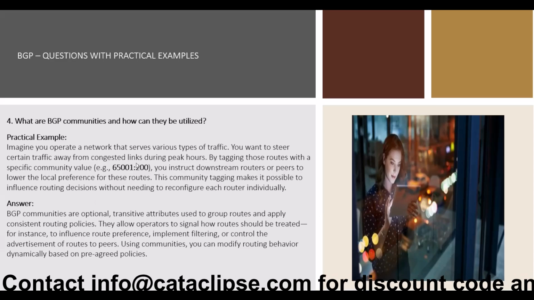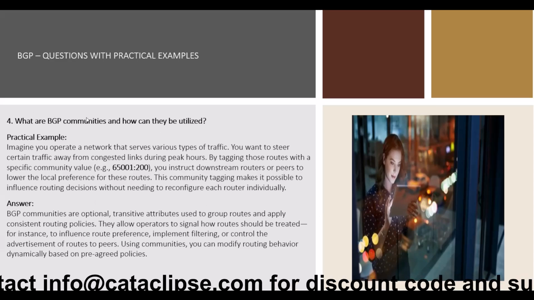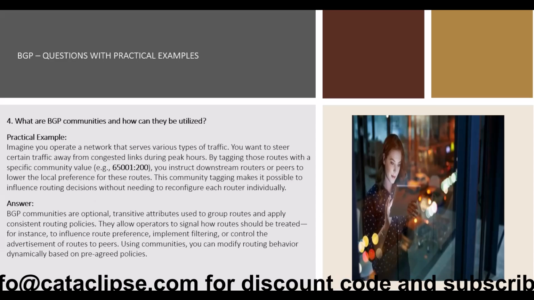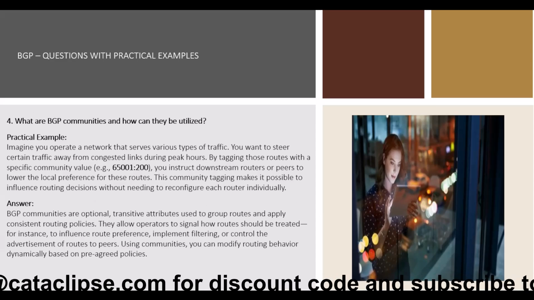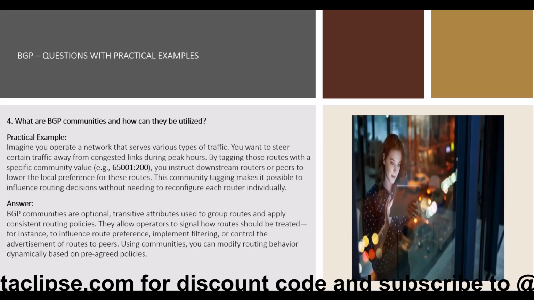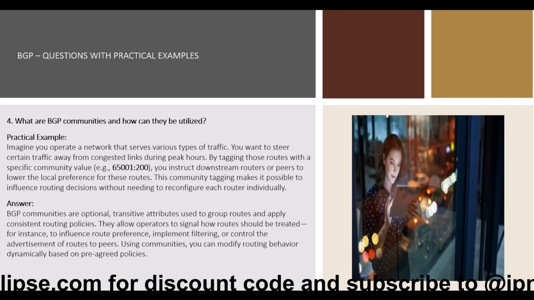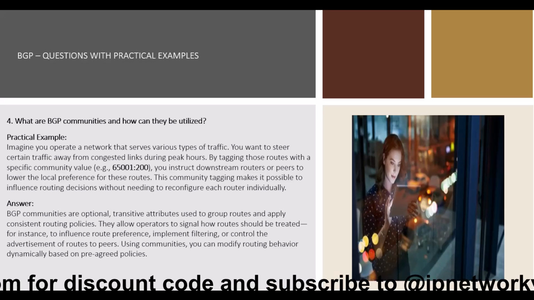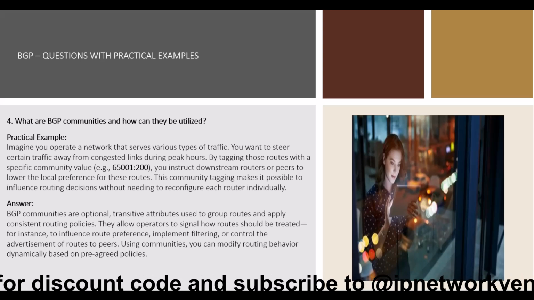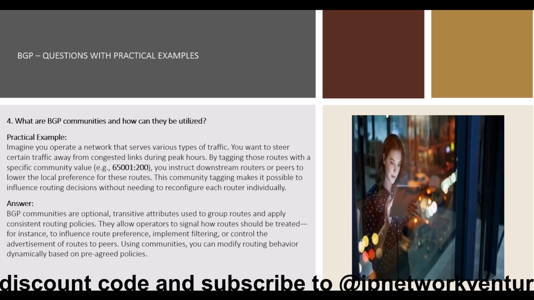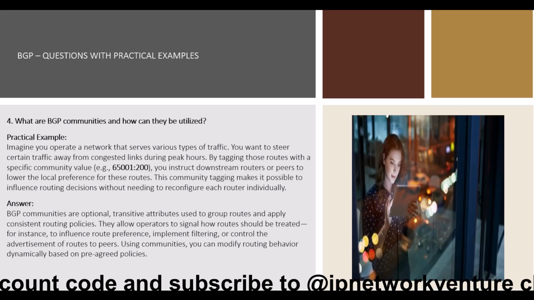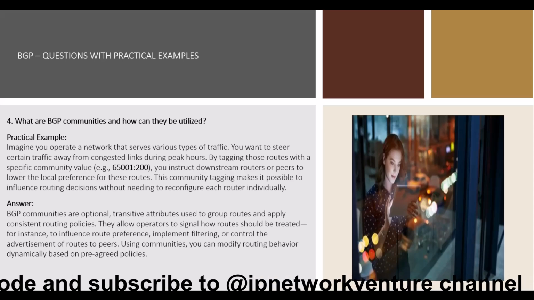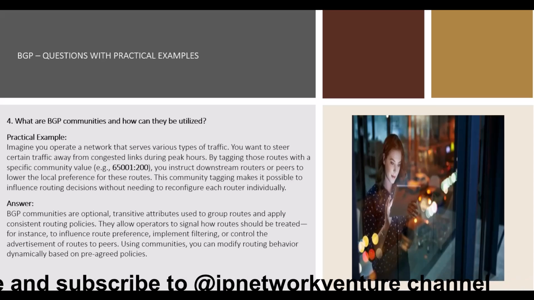Sorry, it's been a long day. The practical example is, imagine you operate a network that serves various types of traffic. You want to steer certain traffic away from congested links during peak hours. By tagging those routes with a specific community value, you instruct the downstream routers or peers to lower the local preference for these routes.